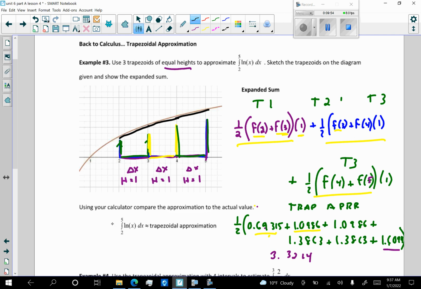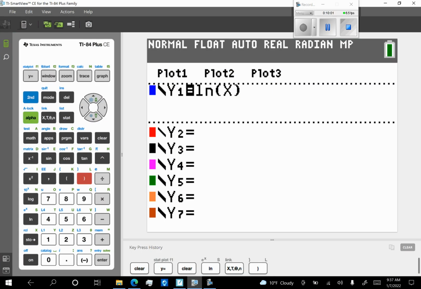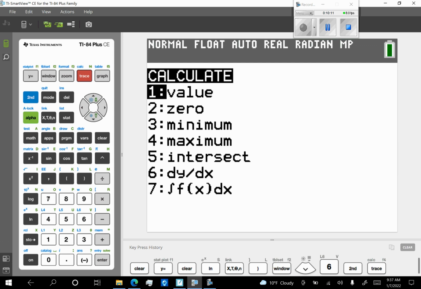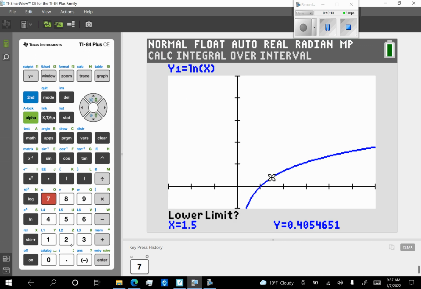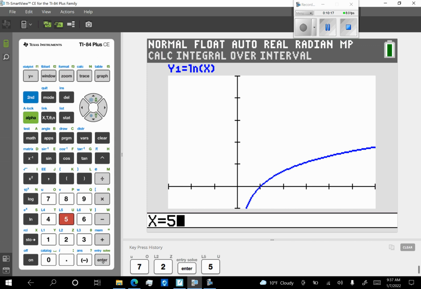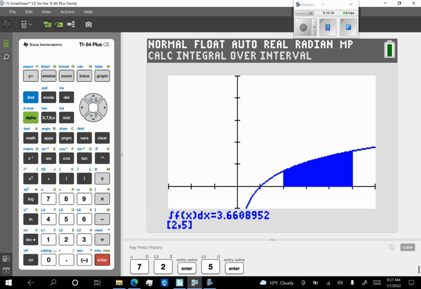I'm going to go to my graphing calculator and find this definite integral. I have my graphing calculator pulled up. I have ln of x. I'm going to go from 2 to 5. And so I'm going to go second calculate, 7, the definite integral, with 2 as the lower limit and 5 as the upper limit, and that's 3.6608.